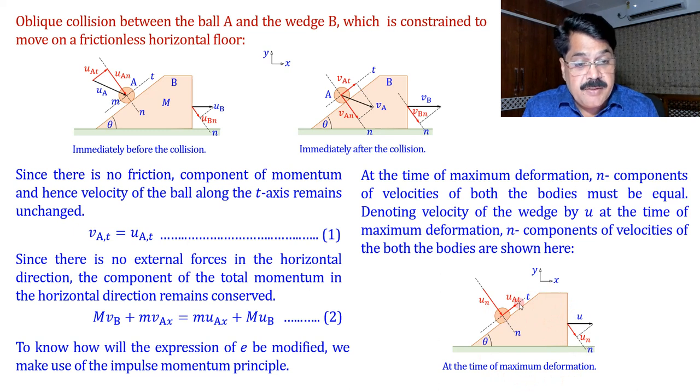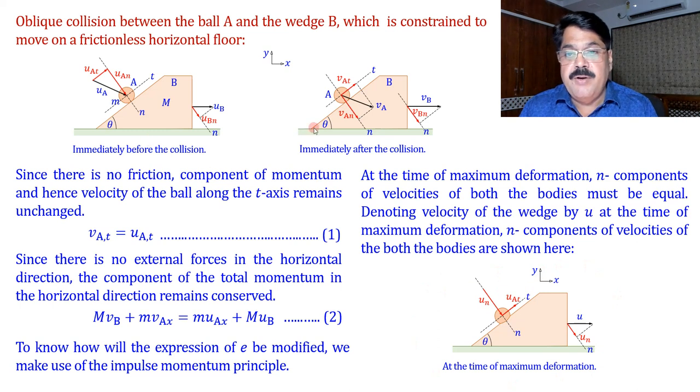Similarly, the tangential component is not going to change, so it will remain as before. The normal components will be equal. Of course, in the diagram we have shown them unequal, but they must be equal because at the time of maximum deformation the normal component of velocity of both the bodies must be equal. It is a very common fact. So this was the detail.